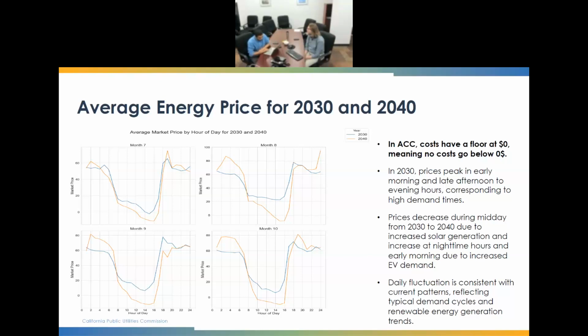That's driven mainly by the EV demand, which grows as time goes further out. You see how 2040 is more extreme than 2030. But the daily fluctuation is consistent with the pattern we expected. Next slide, please.